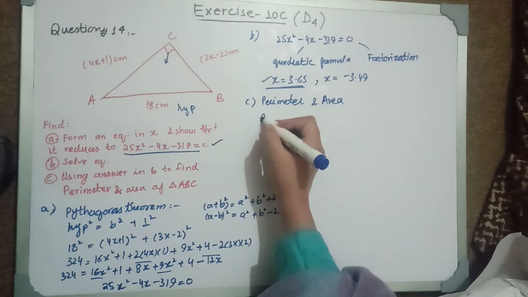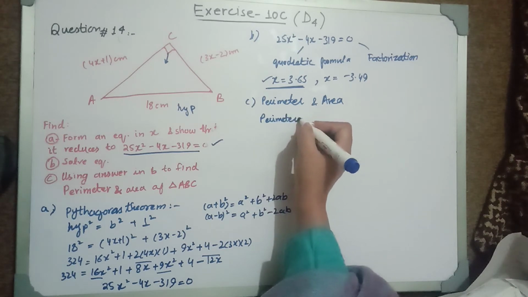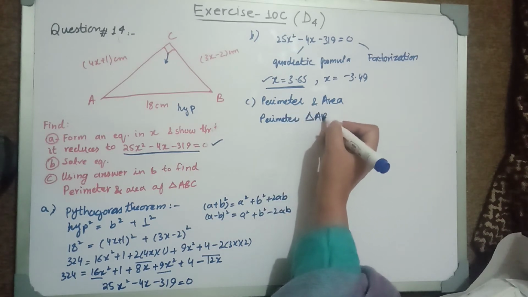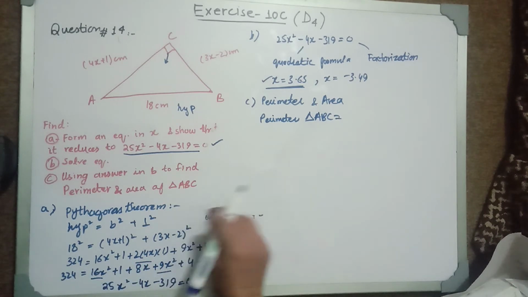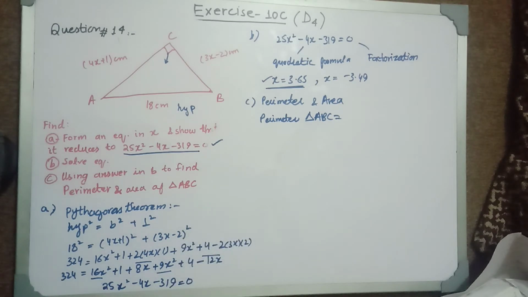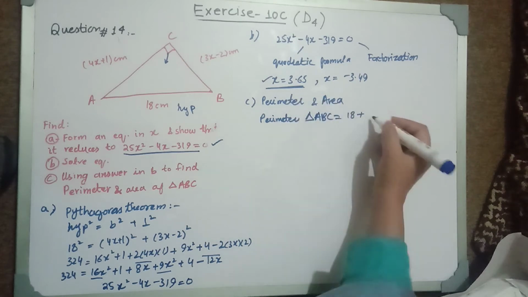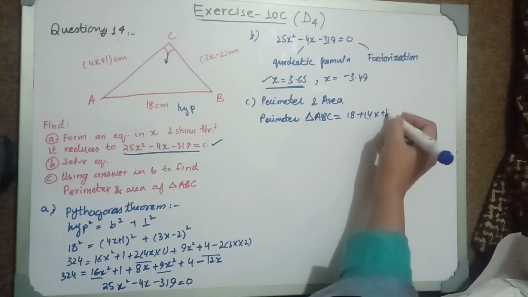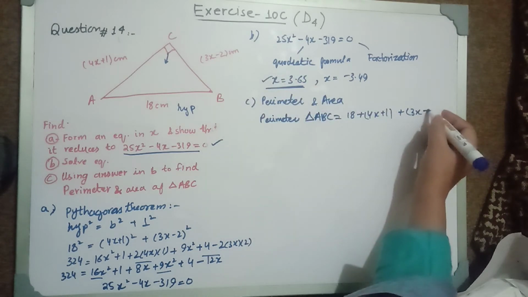So let's begin with the perimeter of triangle ABC, which we can get by adding all the three sides of this triangle, right? So I'm going to add all these sides. I'll get 18 plus 4x plus 1 plus 3x minus 2.